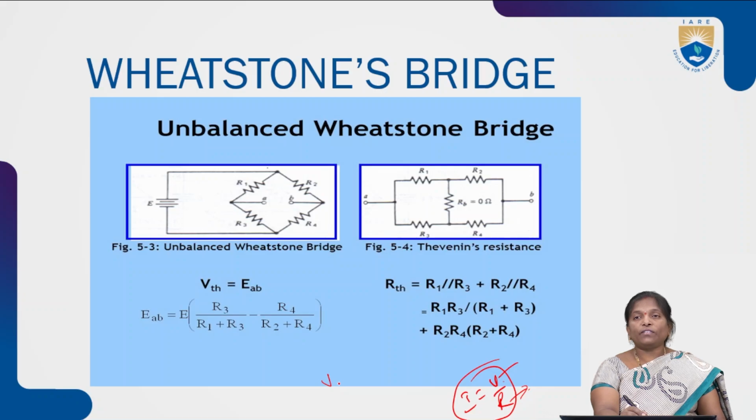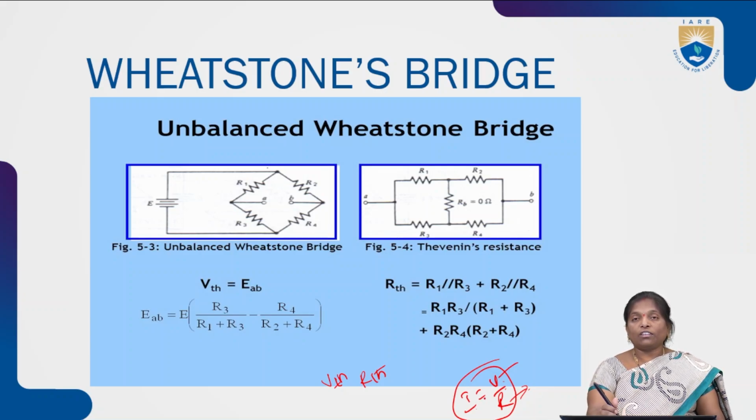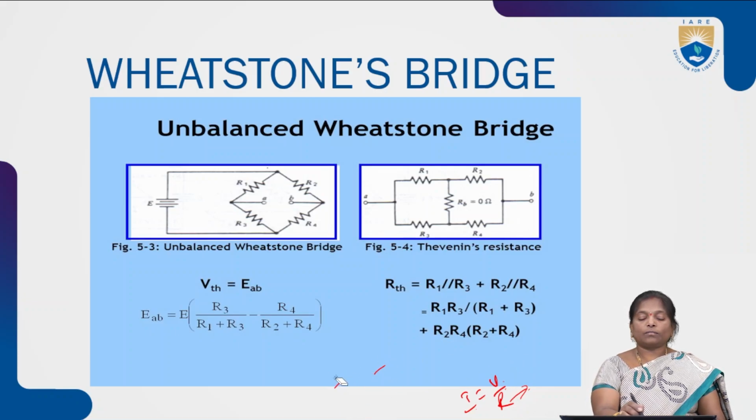With the help of Thevenin's equivalent, we need to measure Thevenin's voltage and Thevenin's resistance, that is V Thevenin and R Thevenin. By this, finally, we can calculate the current passing through the galvanometer.